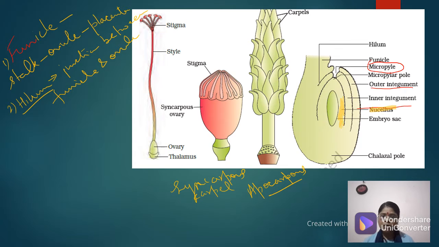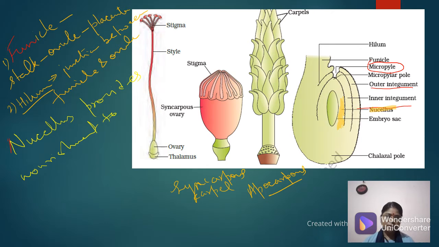Basically this is the region which is providing the nourishment. So you know that the nucellus provides nourishment to the embryo sac.